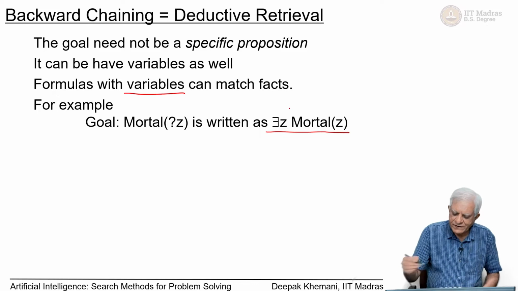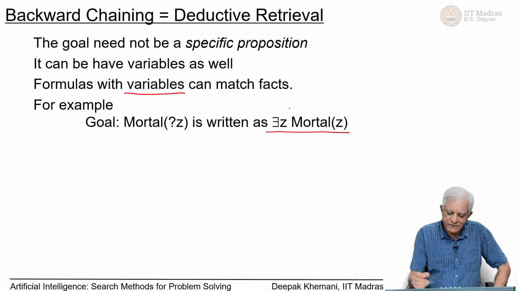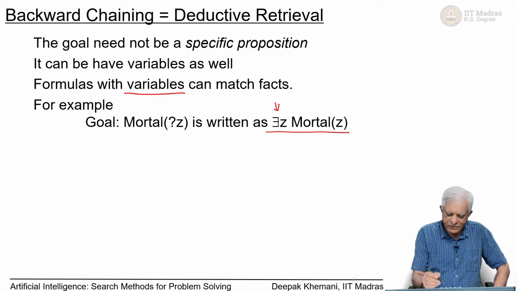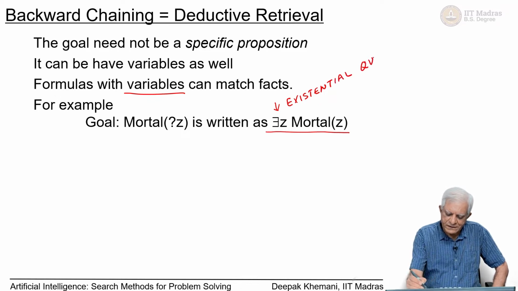Just like we had the for all quantifier, we have the existential quantifier, as this is called, and this says that there exists a z such that z is mortal. And typically in logic there are two quantifiers, the universal quantifier, which is for all, and this existential quantifier.